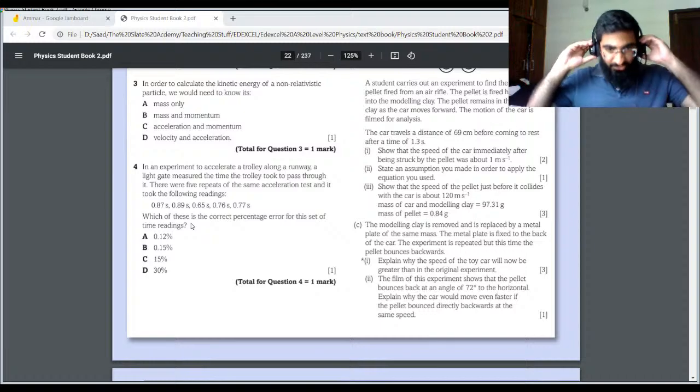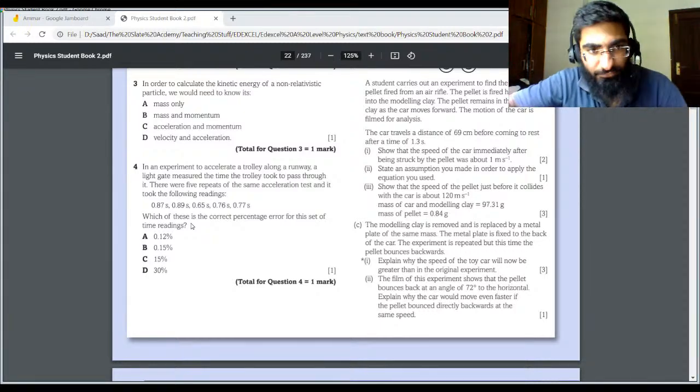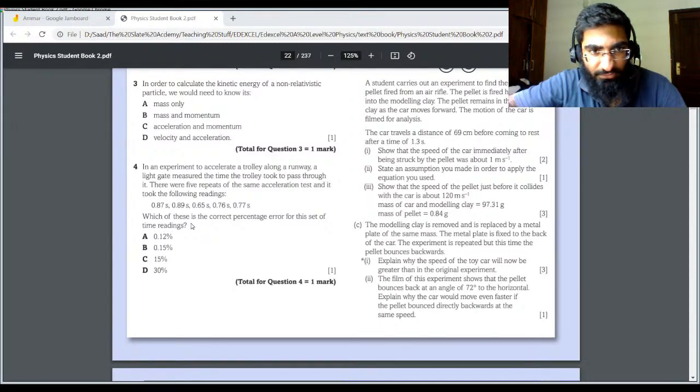All right, I'm sorry. 15% is correct, but how? Sir, just trust me. 0.89 is the highest. I don't know which one to cut out. That's why. 89.